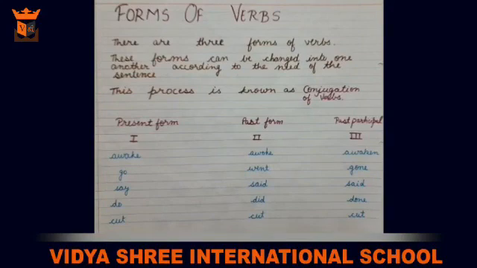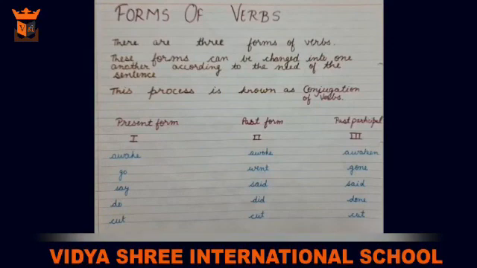This process of transforming one form of verb into another is known as conjugation of verbs. Clear? And what are these 3 forms of verb? Either we can say first form, second form or third form, or we can say present form, past form and past participle forms of verbs.